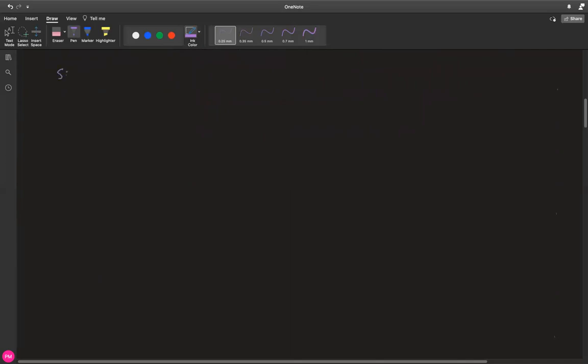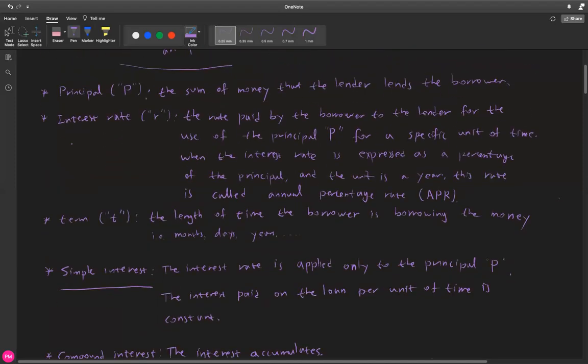So the simple interest formula. This is simply I, where I implies the interest, equals PRT. So what's PRT? As we have already defined on the previous page, P is the principal, R is the interest rate, and T is the term.